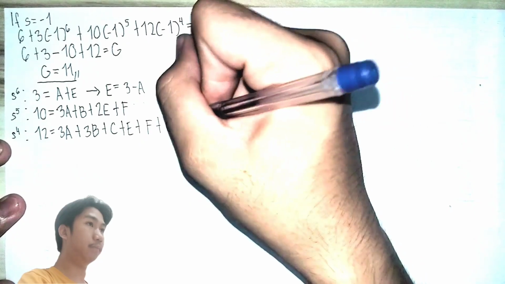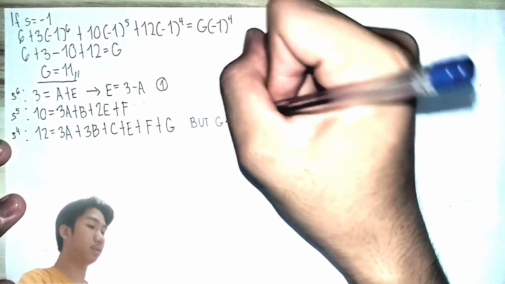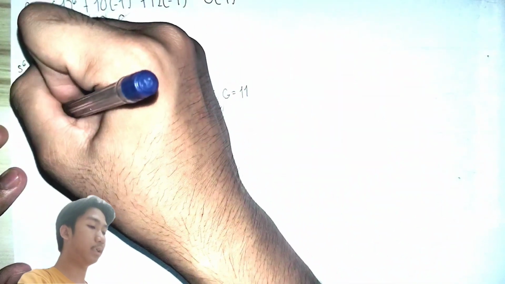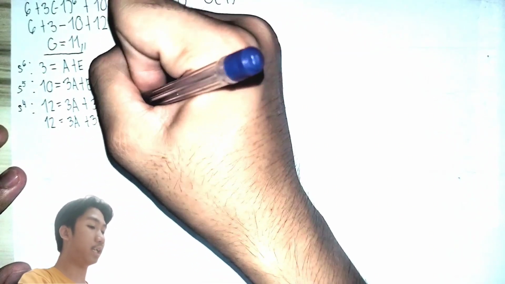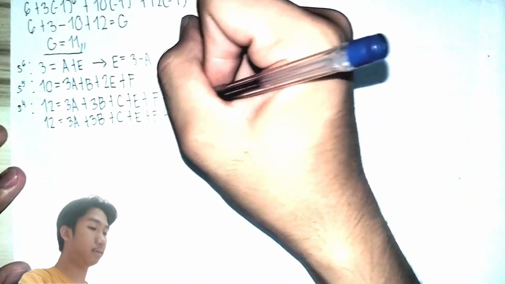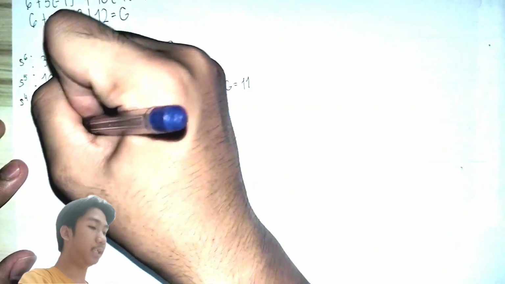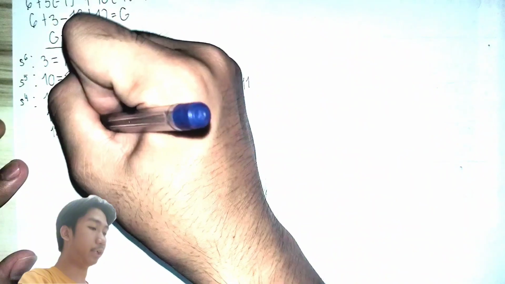That would be 12 is equal to 3a plus 3b plus c plus e plus f plus 11. And we transpose the 11 to the other side. The whole equation now would be 1 is equal to 3a plus 3b plus c plus e plus f. That would be our equation 3.